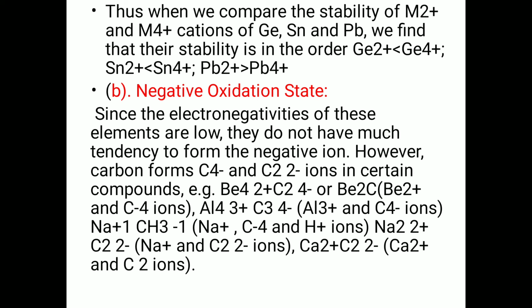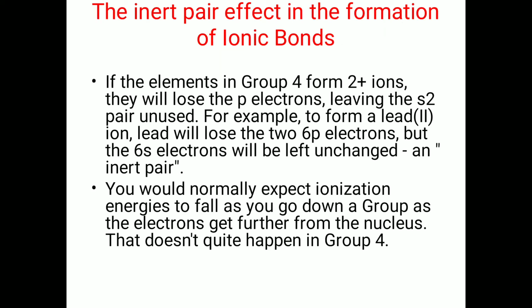However, carbon forms C4 negative and C2 negative ions in certain compounds, e.g. Be2C (Be 2 plus, C 4 minus), or aluminium carbide Al4C3 (Al 3 plus, C 4 minus), and Na plus CH3 minus. Here these elements have negative charges.